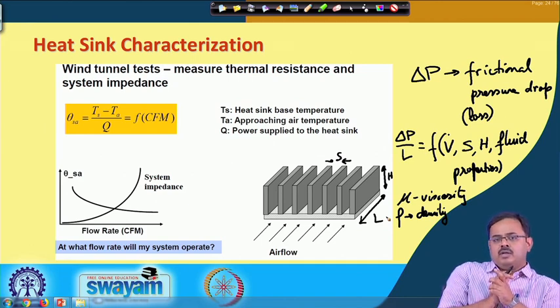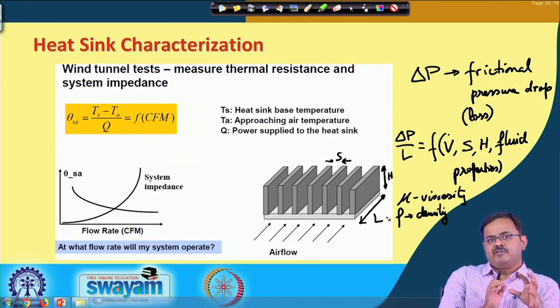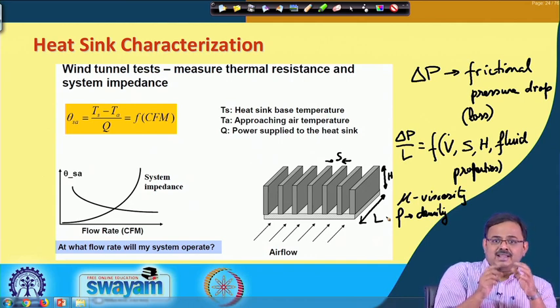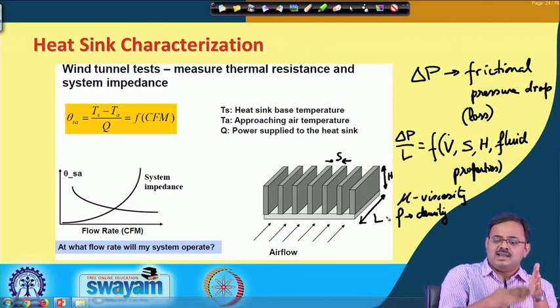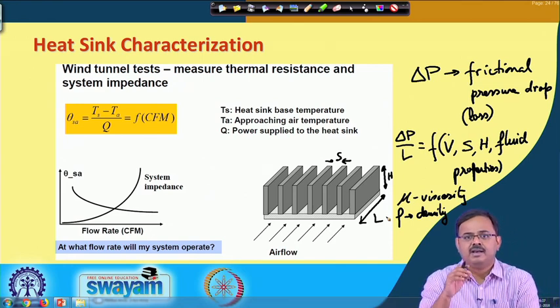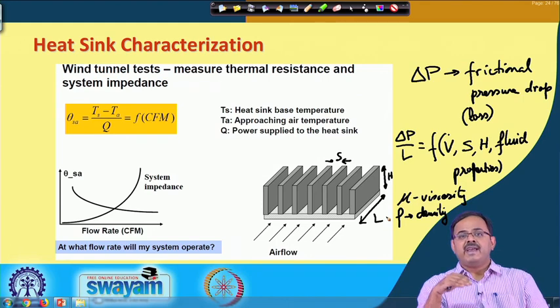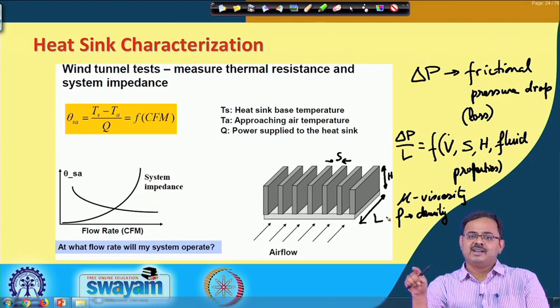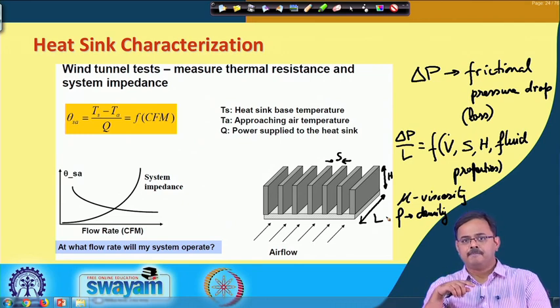Now, if I have a fan and blow air at a certain flow rate through this heat sink, then I need to pressurize that air at the inlet to a value such that it is able to overcome this pressure loss or frictional pressure drop. Clear? Just like an EMF source should give enough potential difference so that the electric current can overcome the resistance of the load through which it is flowing.